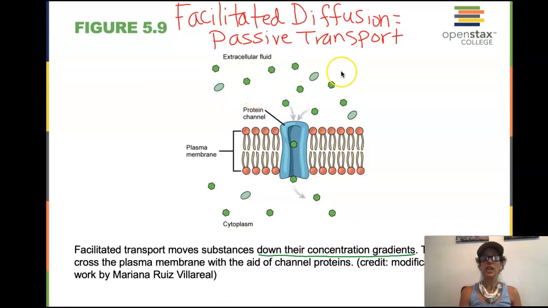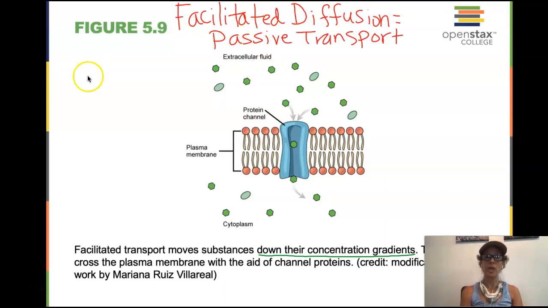In facilitated diffusion, we are still looking at passive transport. It relies on movements of solutes from an area of high concentration toward an area of low concentration, but those substances are either too large or too charged or too polar. There's something about them that does not allow for the free movement across a plasma membrane.